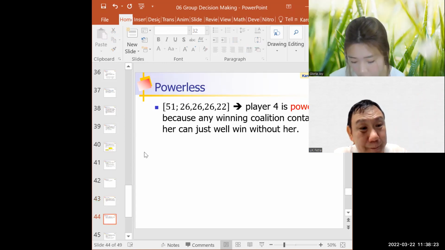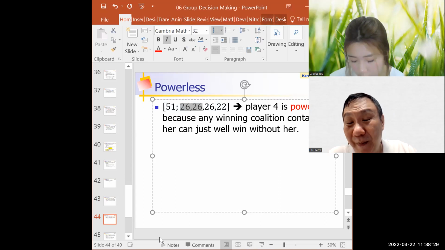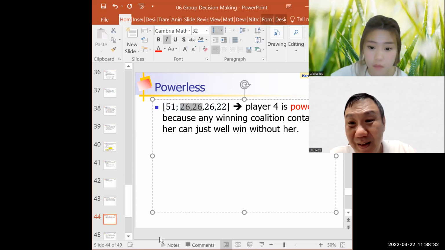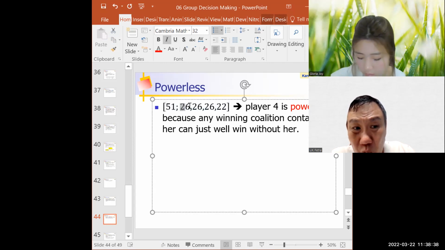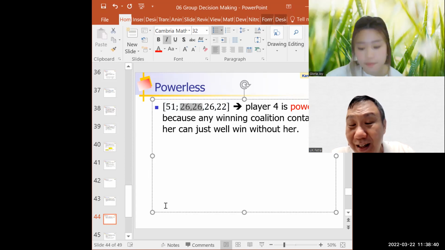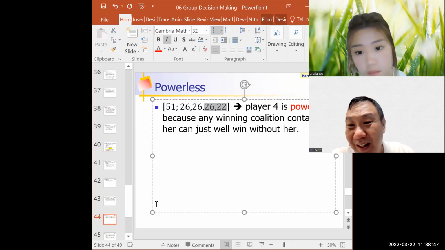Okay, how about this? 26 plus 26, how much? 52. 52, larger than 51, right? So that means if the two make a coalition, they will win already. How about this one? 26 plus 22. 48, right?